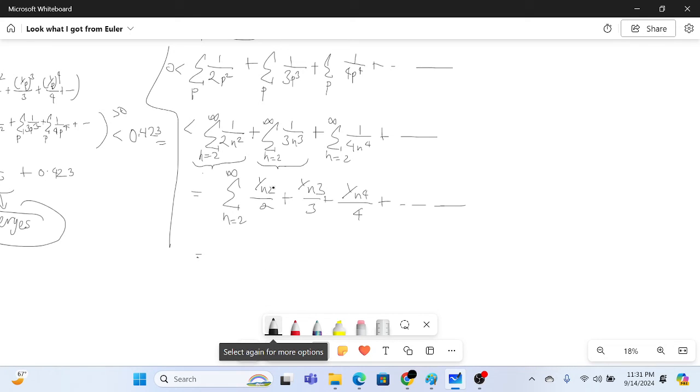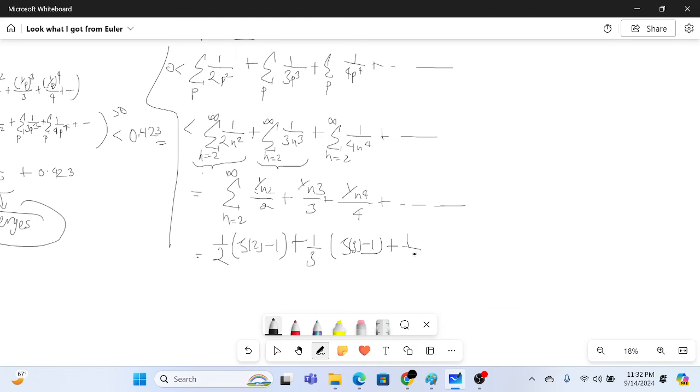Now we see that this is actually zeta of 2, this is zeta of 3, this is zeta of 4, except that the first term is not there, right? If we sum the first term, we will get zeta of 2 minus 1 by 2, right? If I just take 1 by 2 common for summing the first one, I just get zeta of 2 minus 1, right? And from here I get 1 by 3 times zeta of 3 minus 1, right? Because the first term is not there.